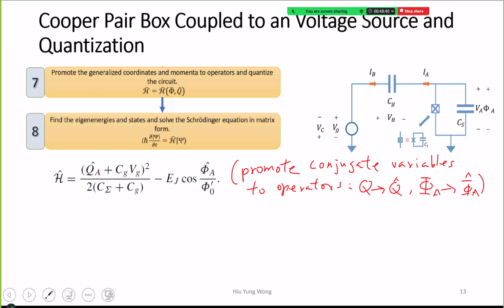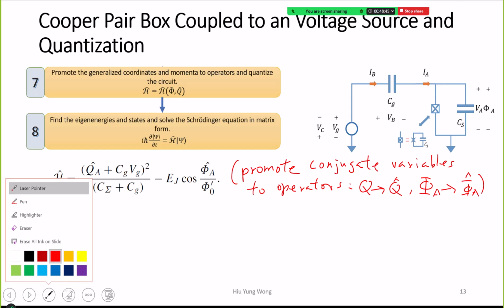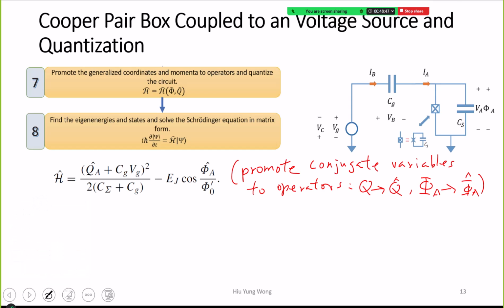Now, the second thing is that last time when we worked with this Cooper pair box without external bias, we said that we prefer to work in the number operator and phase operator, right? So we're going to work in n hat and phi hat. So what is n hat again? We're just repeating what we learned last time.